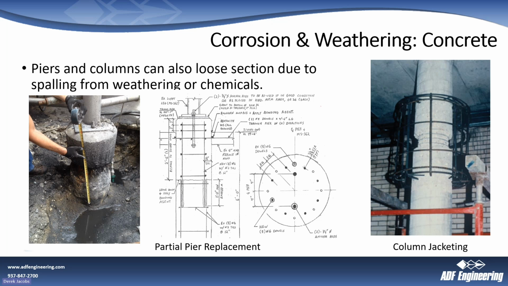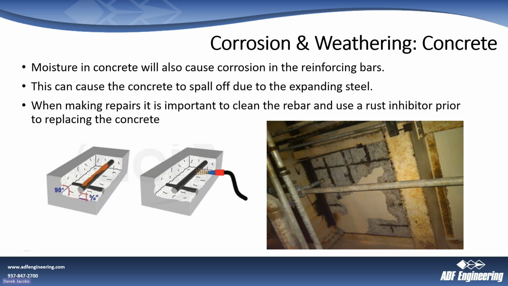Other times, if it's a large parking structure or building, you'll see column jacketing, where they dial in reinforcement and attach that to the cage and then pour around it to thicken it up.